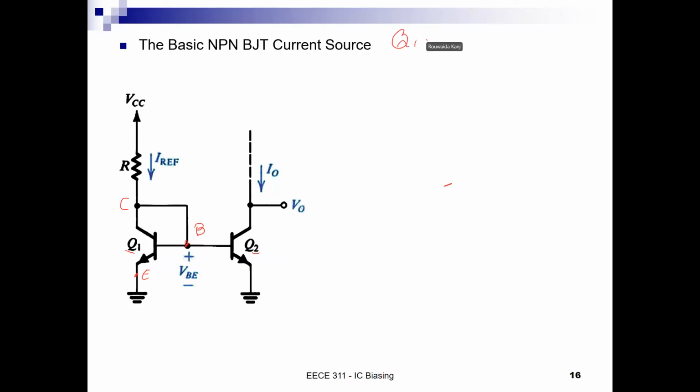And active means that I want VCE to be greater than 0.3. By virtue of connecting the base to the collector and knowing that there's a current I reference flowing and that the device is on, VBE should be operating around 0.7 volt. But because of this connection here, VBE is equal to VCE, so it is greater than 0.3, so Q1 is guaranteed to be in the active region.